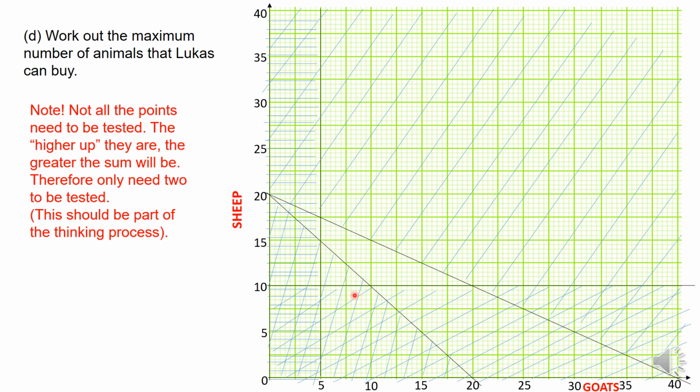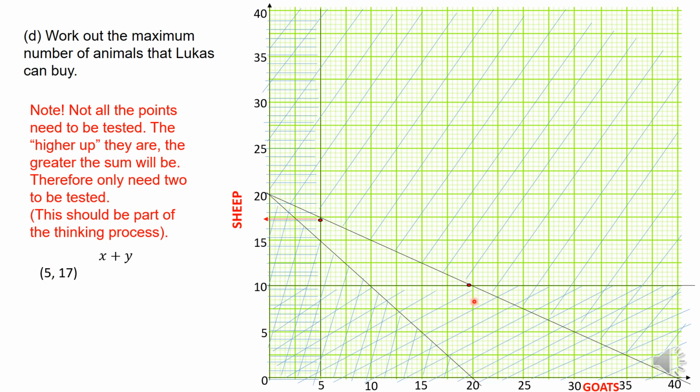Not all the points need to be tested. You only test the points that are higher up if you're looking for the maximum. So higher up points, you don't have to go and pick all the points in that region. All right, so I choose this particular point here, and it is not exactly on the line, it's a little bit below, so I've decided to use the point 5 comma about 17, and when I add I get 22.